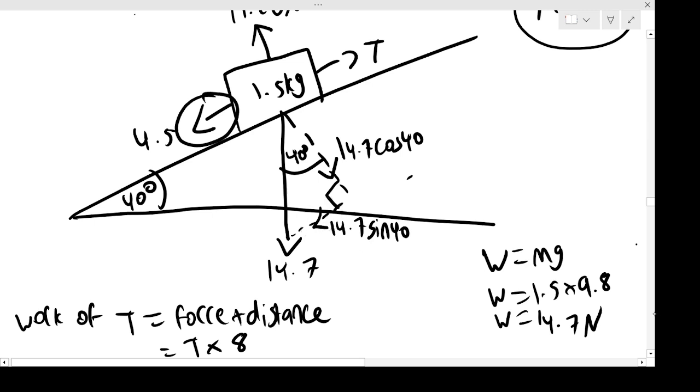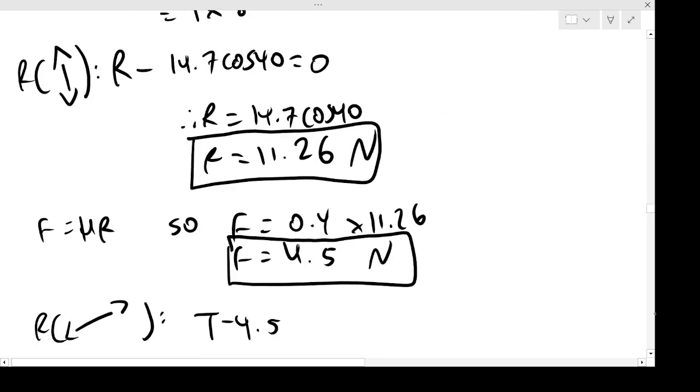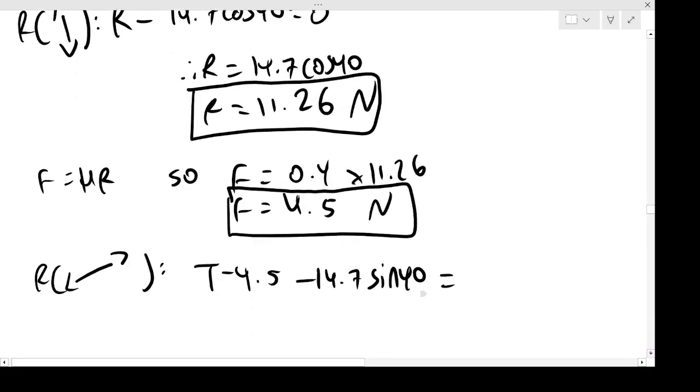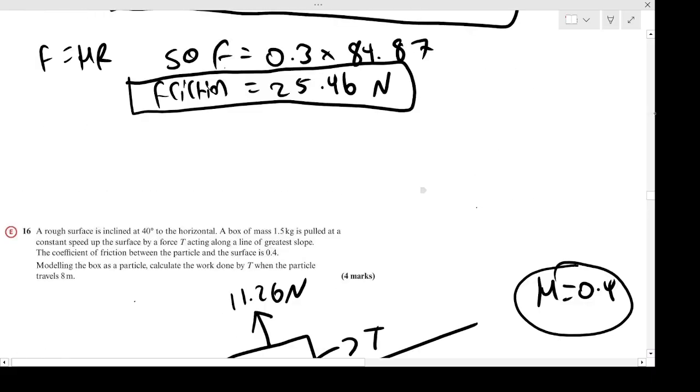So we're going to take away also 14.7 sine 40, because it's in the opposite direction. Again, that's going to equal mass times acceleration. So 1.5 for the mass. However, as for acceleration, we're told it's a constant speed.